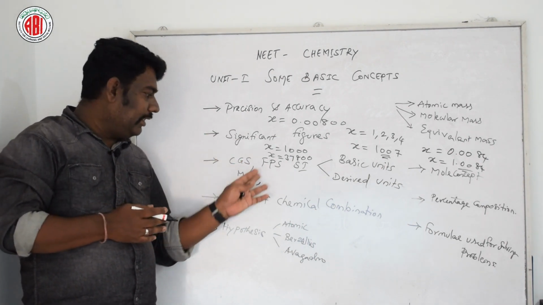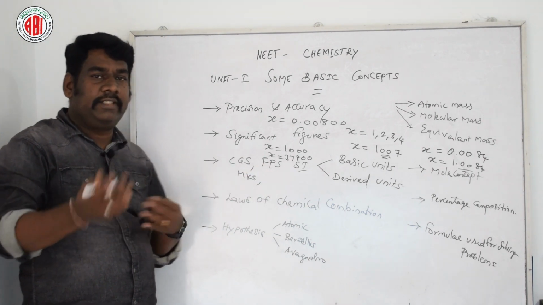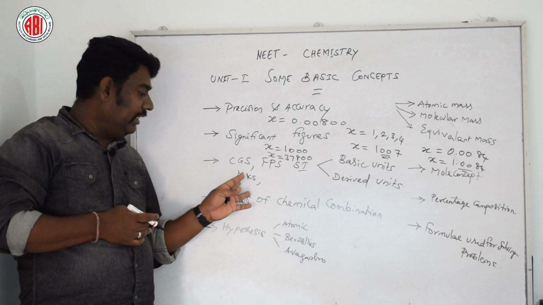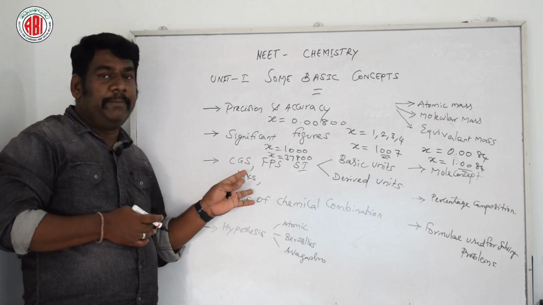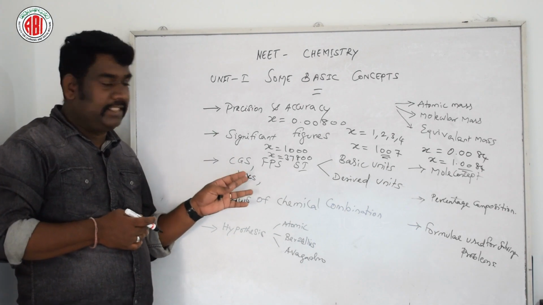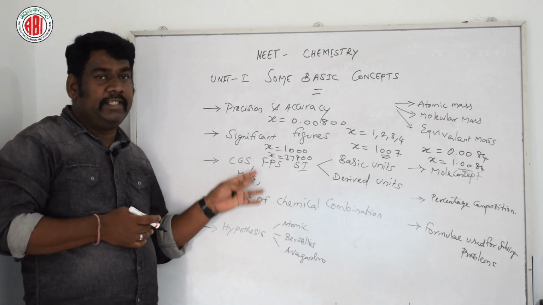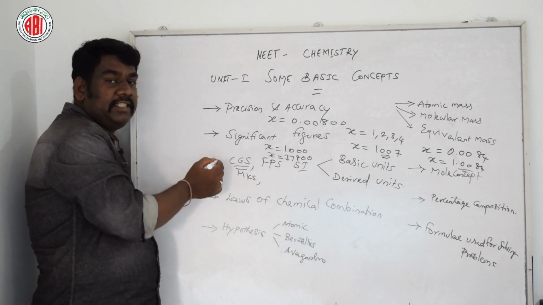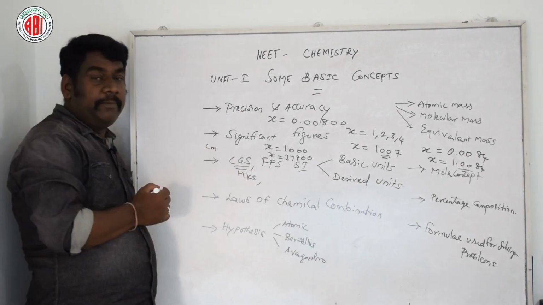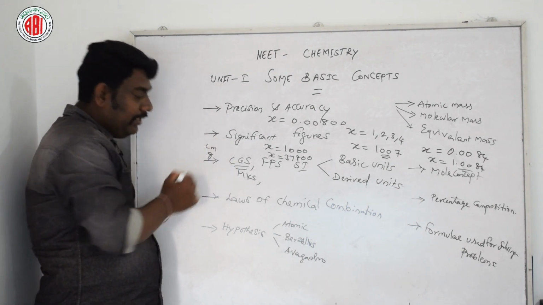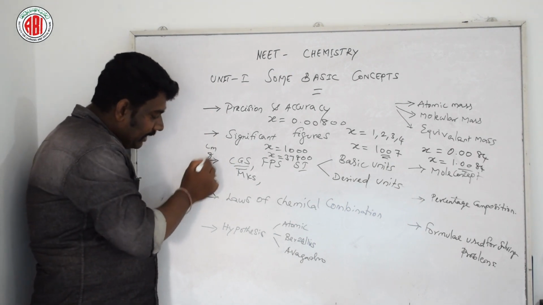Based on this, the other systems are also derived, like the MKS system. In MKS system, length is measured in meter, mass in kilogram, kg, and time in second. Like in CGS system, length is measured in centimeter, mass in gram, and time in second.